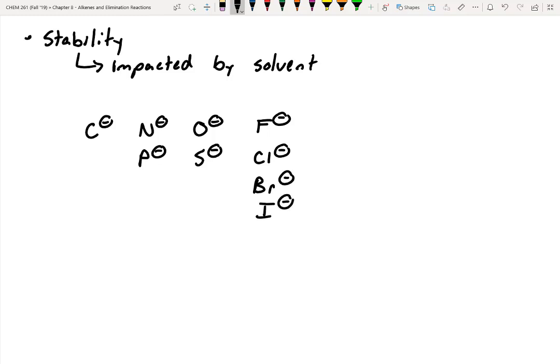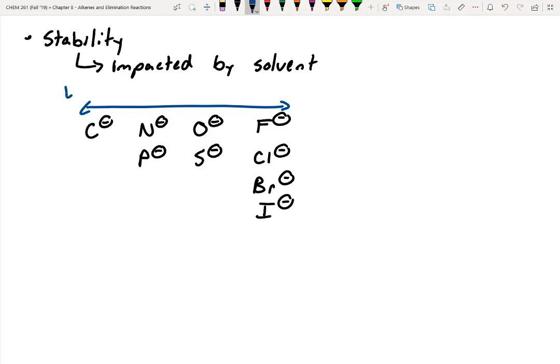So while I'm showing carbon with a negative charge, it's not just carbon by itself. It's assumed that that carbon would have other things on it, right? All right, so let's think about going left to right across a row. Which side is going to be less stable and why? The left side is going to be less stable. Why?